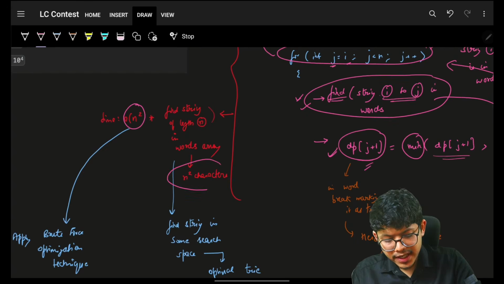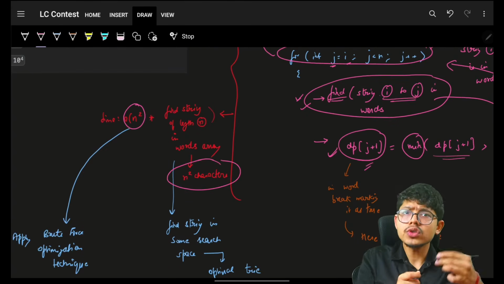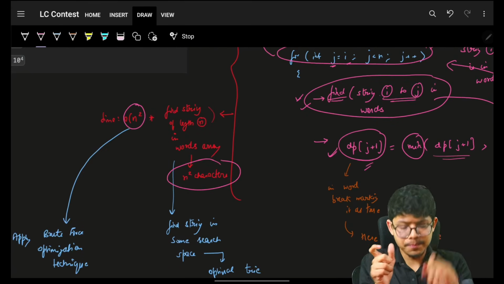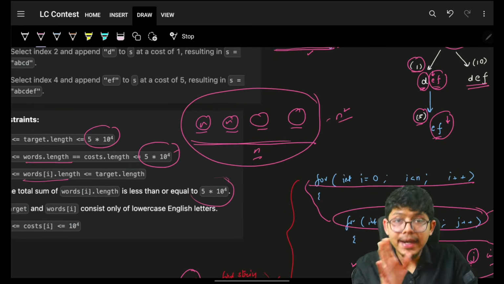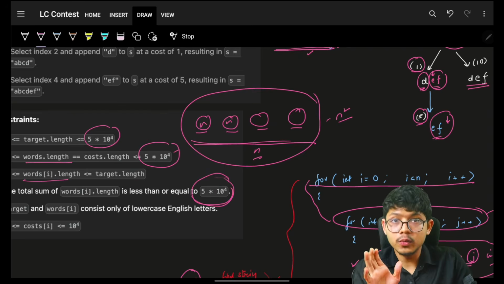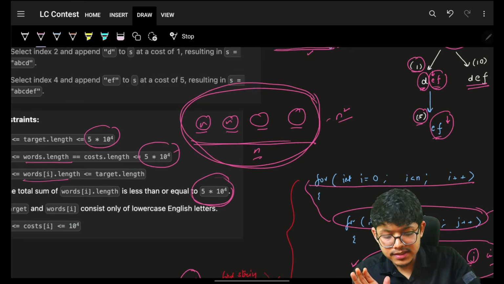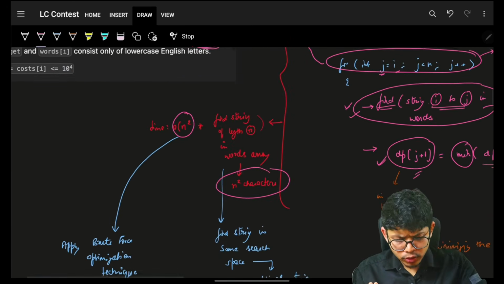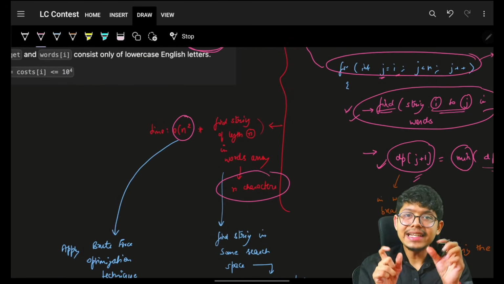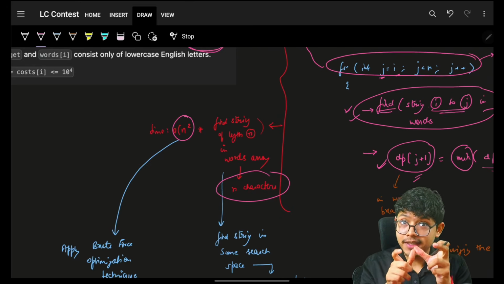So this might feel like it will take O of n square time just to compare the string with the words. Although you will see very easily that it is bounded by O of n, it is bounded by 5 into 1e4, which means the total number of characters is itself at max n. So for sure, you will only need to compare n characters.